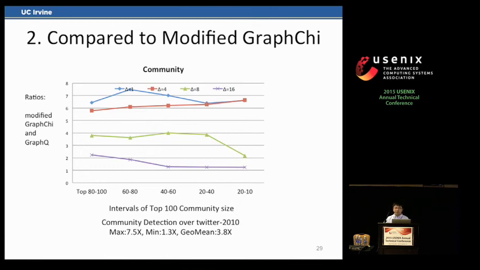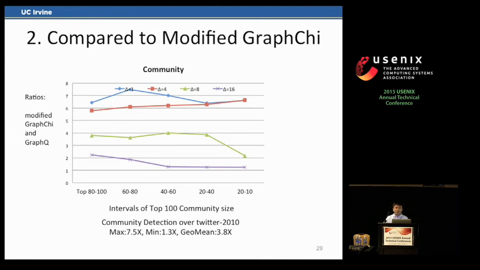The second experiment is to compare GraphQ with modified GraphG. We modify GraphG to terminate as soon as the query is answered. This slide shows the performance for community detection over Twitter 2010. The x-axis represents the intervals of the top 100 community size.